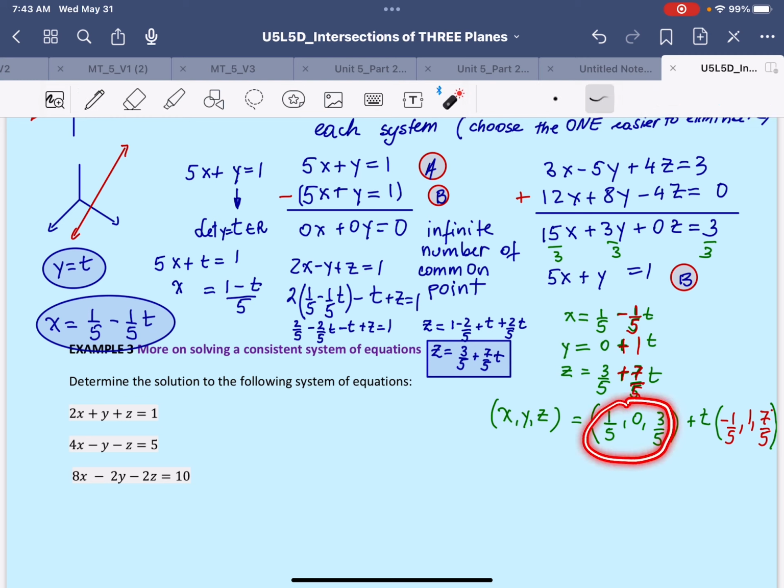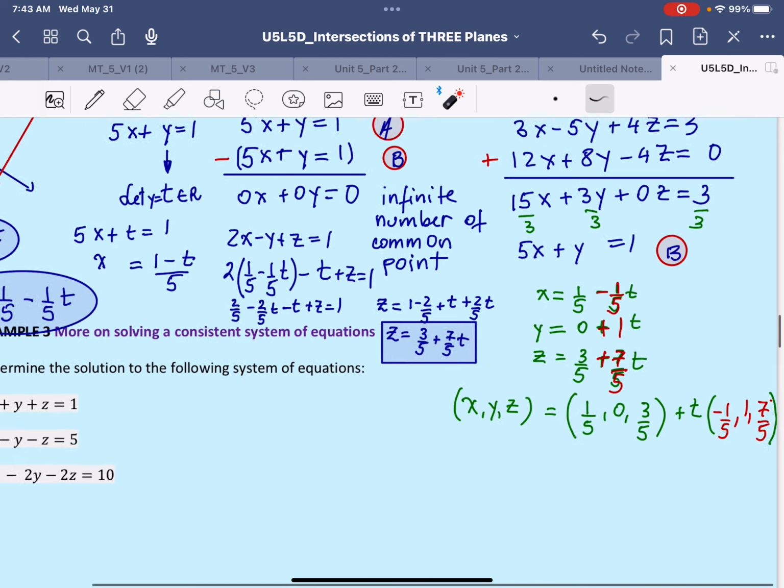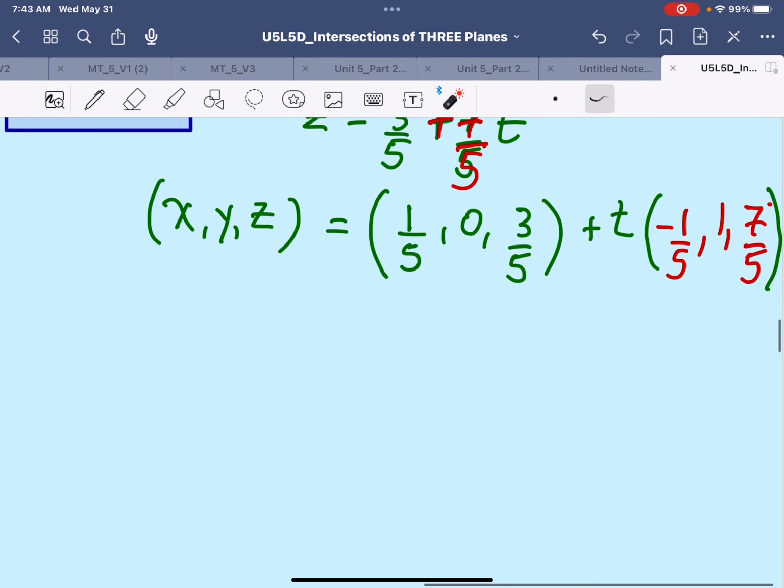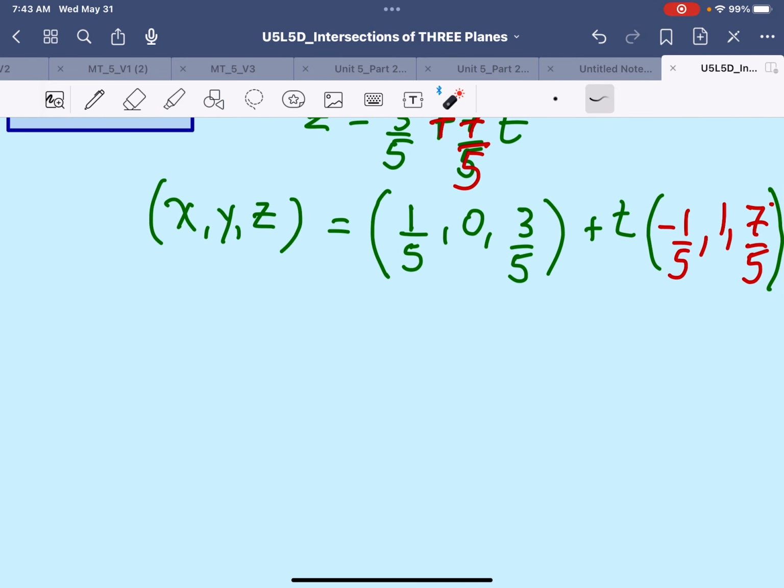Now, if you look at this equation, you see that you have the coordinates of a starting point, or the position vector, and the direction vector, which is in fraction form. Now, one convenience that we're always offered is to convert the direction vector coordinates into integers, and we can easily do this by multiplying by the lowest common denominator of all. In this case, the lowest common denominator is 5.